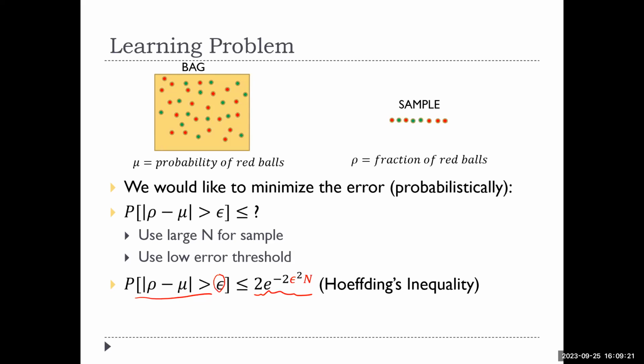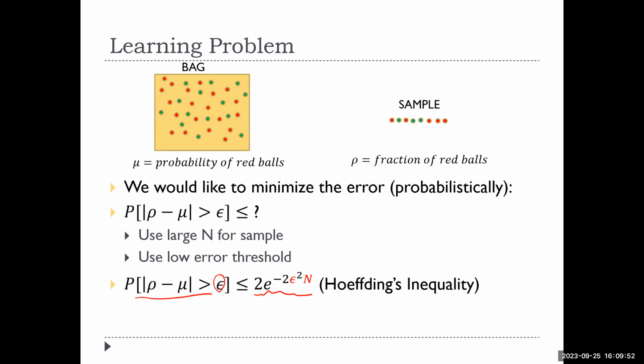This is a very important point. This probability does not depend on what rho or mu is. It only depends on the error that you specify. So without knowing mu, because I don't have access to the real bag, I can limit my probability. I can determine my probability.